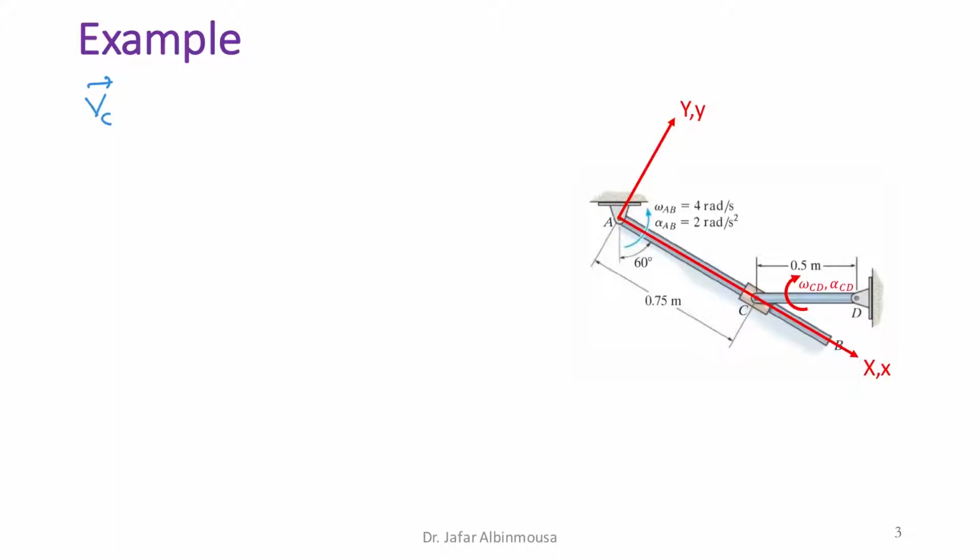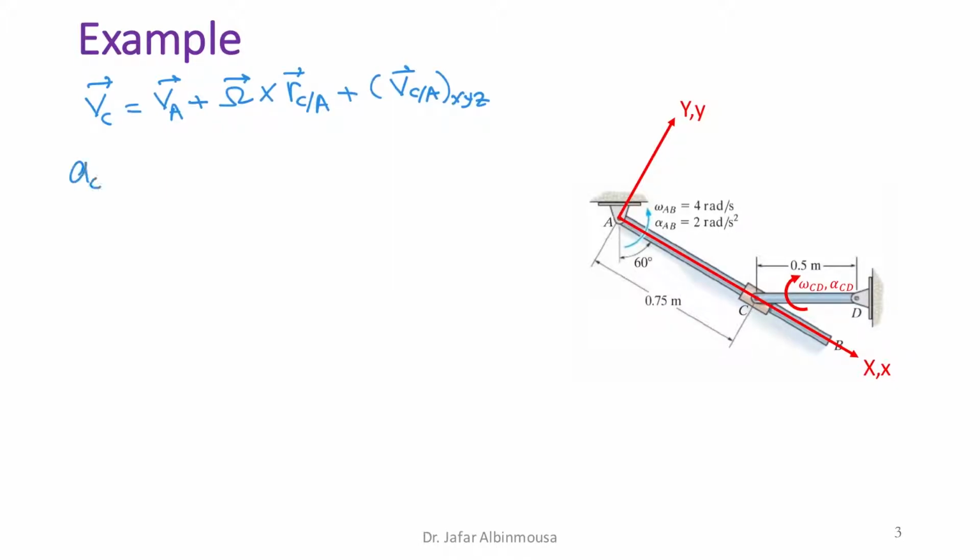VC is equal to VA plus capital omega cross RC with respect to A plus VC with respect to A as measured from the local coordinate system, small x, y, and z.